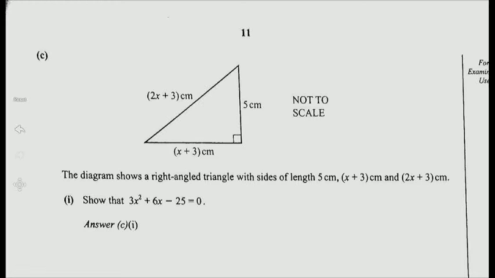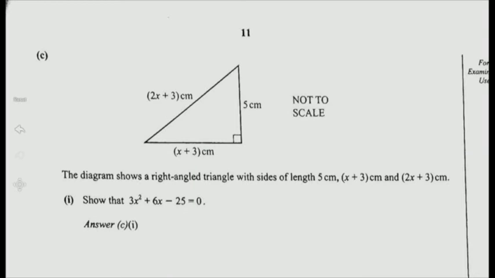Show that 3x squared plus 6x minus 25 is equal to 0. So using this right-angled triangle, we can form an equation and show that it reduces to the given equation. Then how can we form this equation? We have to know the properties of the right-angled triangle.